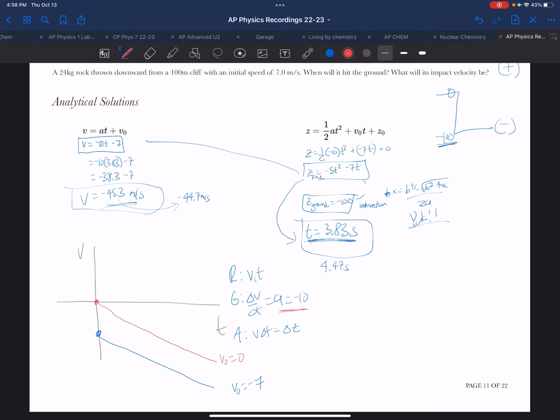Now, when it comes to the position-time, our z and t, our function, we're looking to find out when it meets minus 100. And the curve we just had looked like this. 3.83 seconds. And the prior example, well, let me change the color of that so it matches.